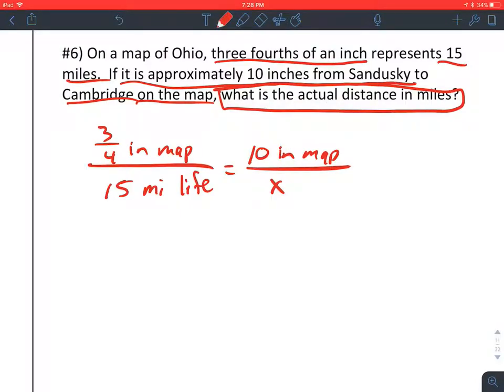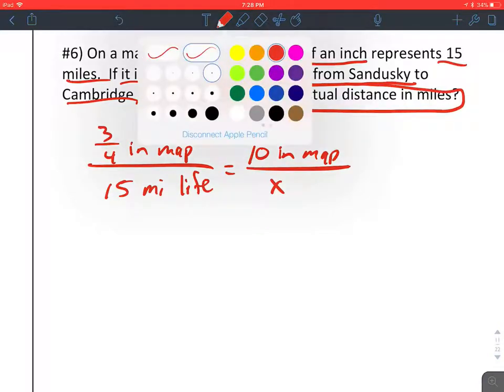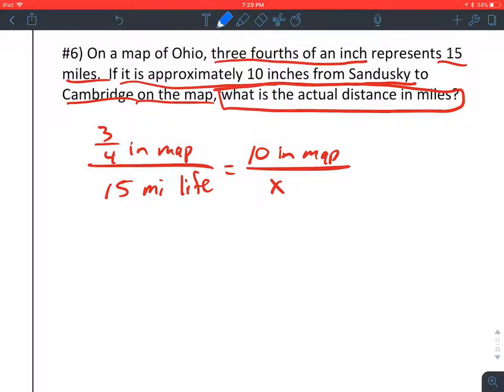Well, we need to solve this equation for x. I'm going to choose to simplify the left side first because it's a complex fraction. I'm going to multiply that fraction by 1 in the form of 4 over 4. 4 divided by 4 cancels. Now we have 3 over 60, because 1 times 3 is 3, 4 times 15 is 60. I'm going to get rid of my labels now. You can leave them on if you want.